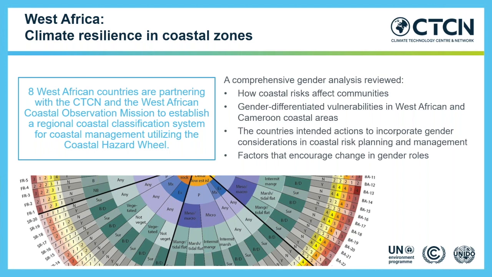And we used a tool in this case called the Coastal Hazard Wheel, and that's the image that you see in the slide. But before we even got started on this process, we wanted to do a comprehensive study to understand how coastal risks can affect communities.